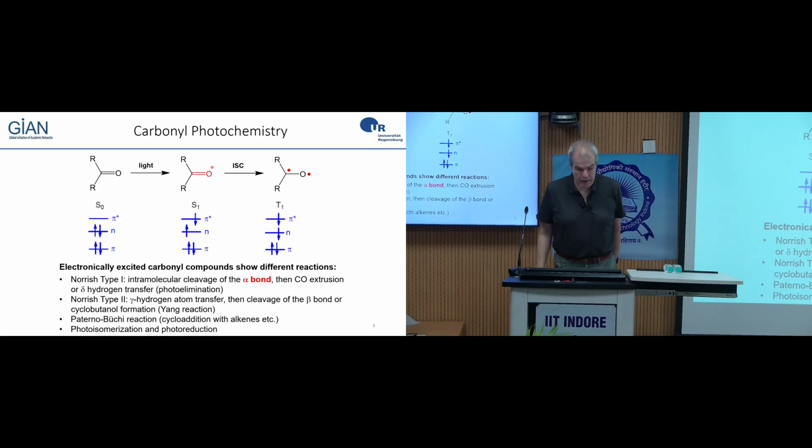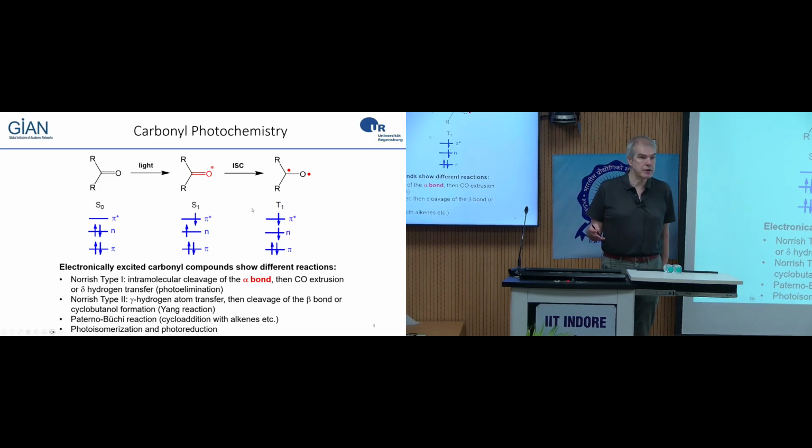If you shine light on a carbonyl compound with the right wavelengths, then you are able to bring this into the excited state, and then the same thing which we discussed earlier, you bring it into the first excited singlet state, and then it has to do an intersystem crossing, and then from the triplet state, you can get reactions out of this.